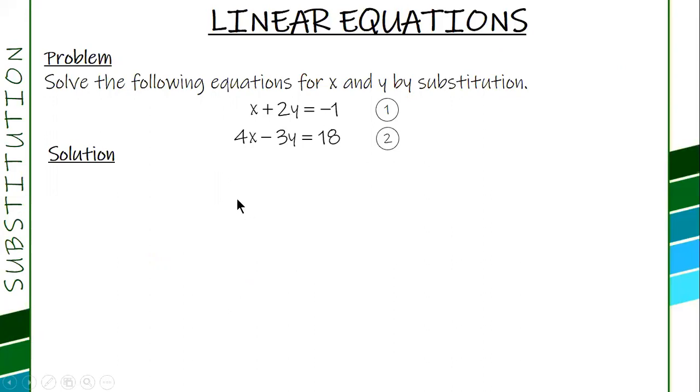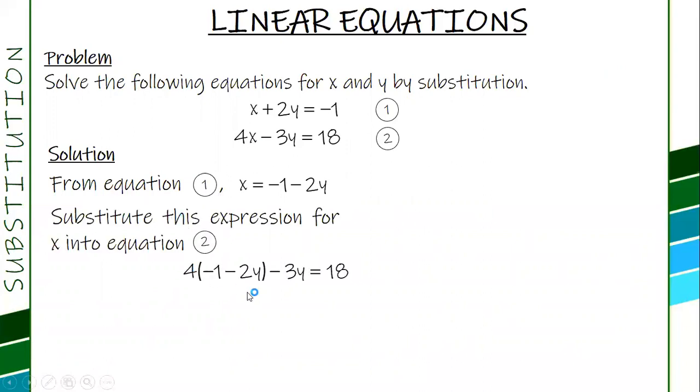So in this case, let us solve for x from equation 1. Dire, ma-solve na ang x by transposing 2y to the right side. We have this. Ato dayon i-substitute, we will substitute this one sa equation 2.